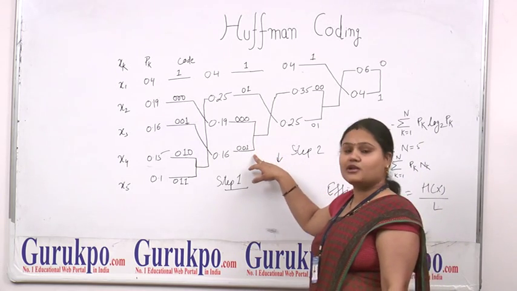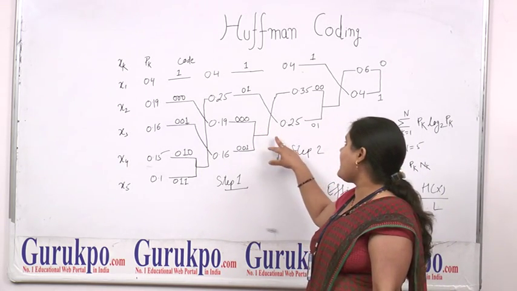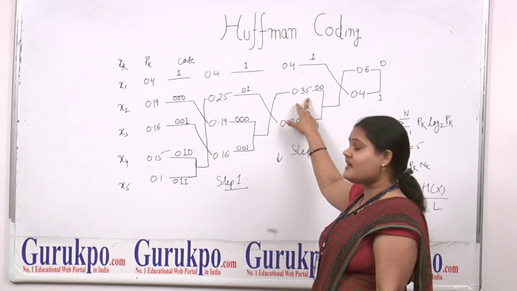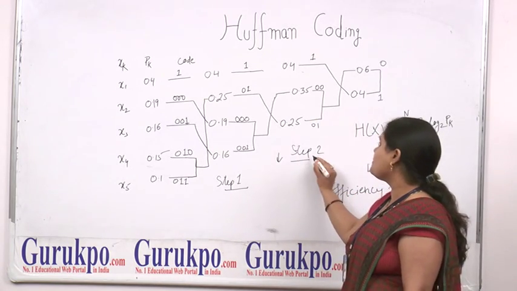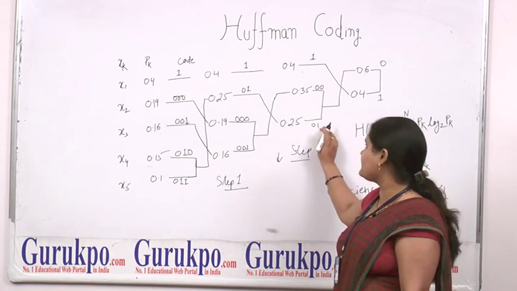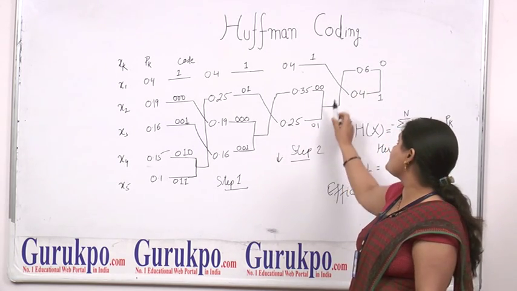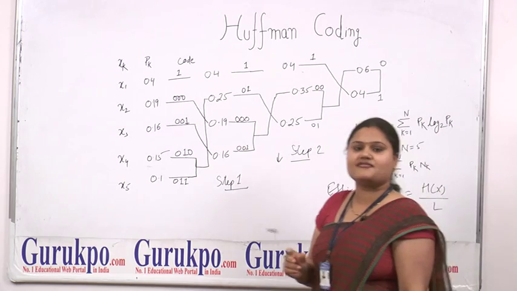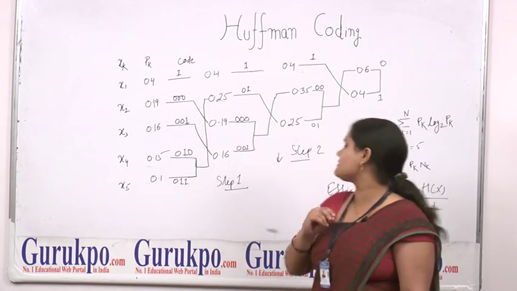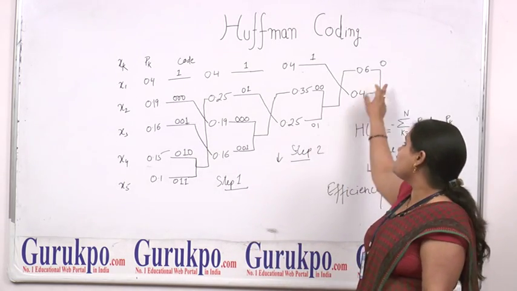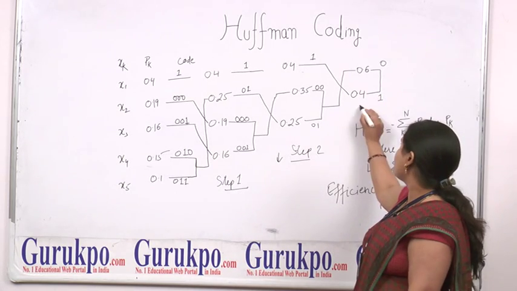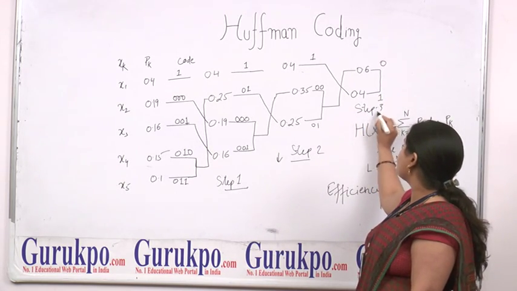We arrange the new probabilities the same way, and the procedure is repeated until only two messages remain.